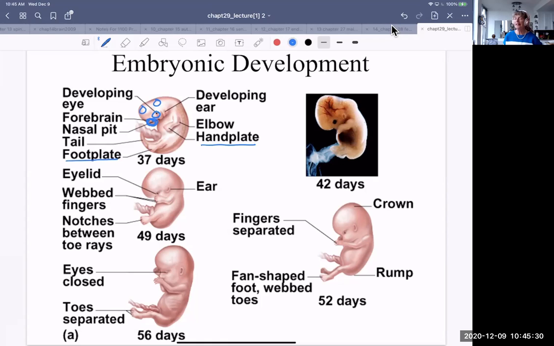And the determination, this is kind of another topic. We're not really covering it in this course, but the determination of where the limbs will be, or where the head end or the tail end of the embryo will be, is determined by, well, we did discuss a little bit, didn't we? It's determined by various things, signals from surrounding cells or from chemicals.